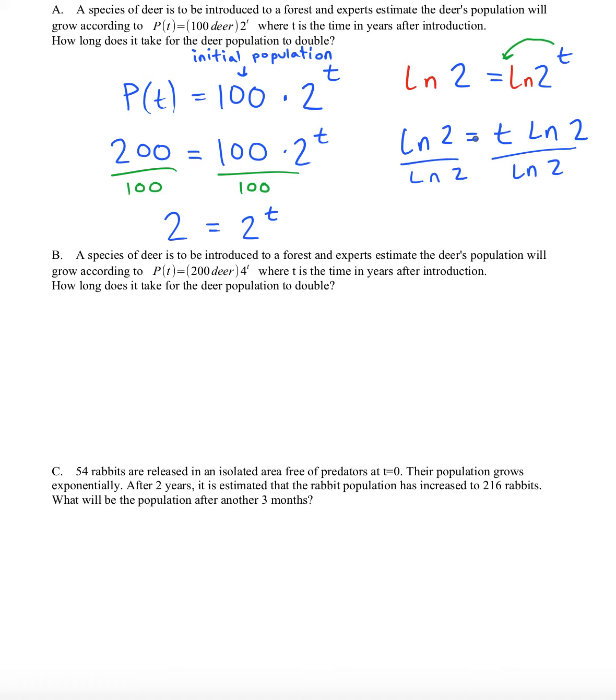We'll divide by ln 2 on both sides and get that t is 1. So it'll actually take 1 year to double.